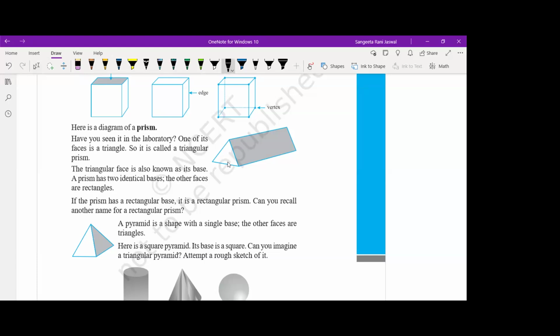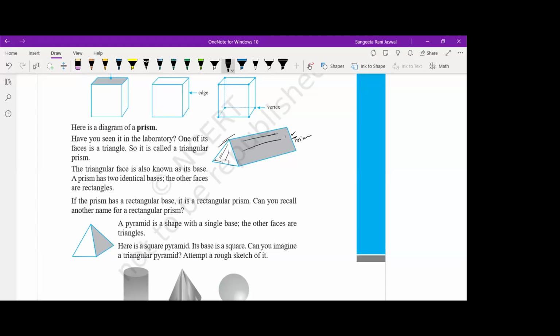If you see this, this is a triangular base and the rest of the sides are rectangles. So this side you have a triangle and here also you have a triangle, this side which is hidden, right? But this side of the face and this side of the face is rectangular.